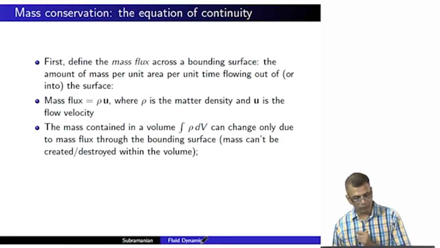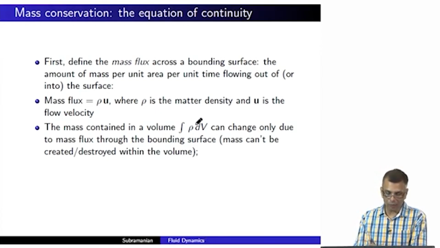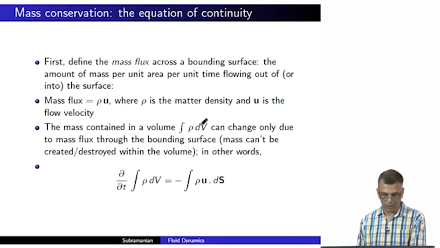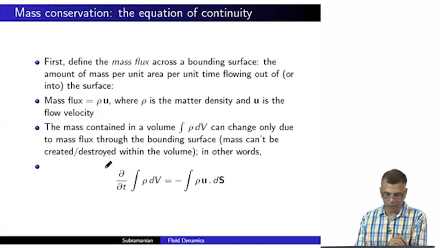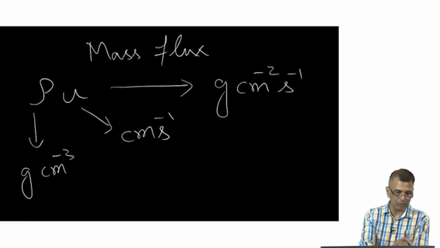And why is that useful? Consider this statement: the mass contained in a volume, which is the integral of rho dV, where dV is an elemental volume, can change only due to mass flux through the bounding surface, because mass cannot be created or destroyed within the volume. Before looking at this equation, let's do a little sketch.